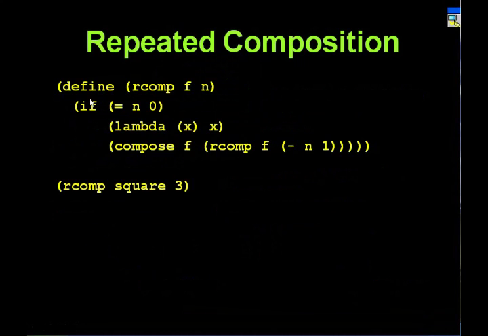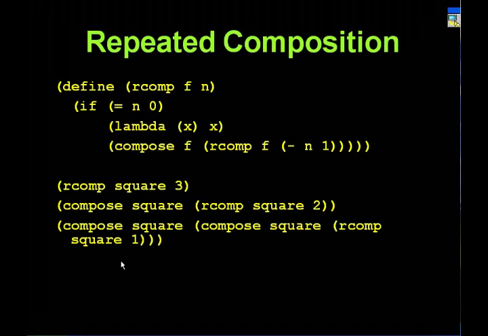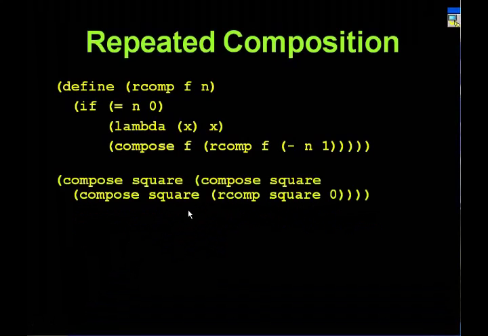Now suppose this is the case. rcomp f of n. Suppose I want to do rcomp square 3 times. What happens if you open it up is the following. You do this one time like this, two times like this, and then the third time looks like this. So essentially, if you do the recursion, it becomes rcomp of square, rcomp square, rcomp square, rcomp square of 0.